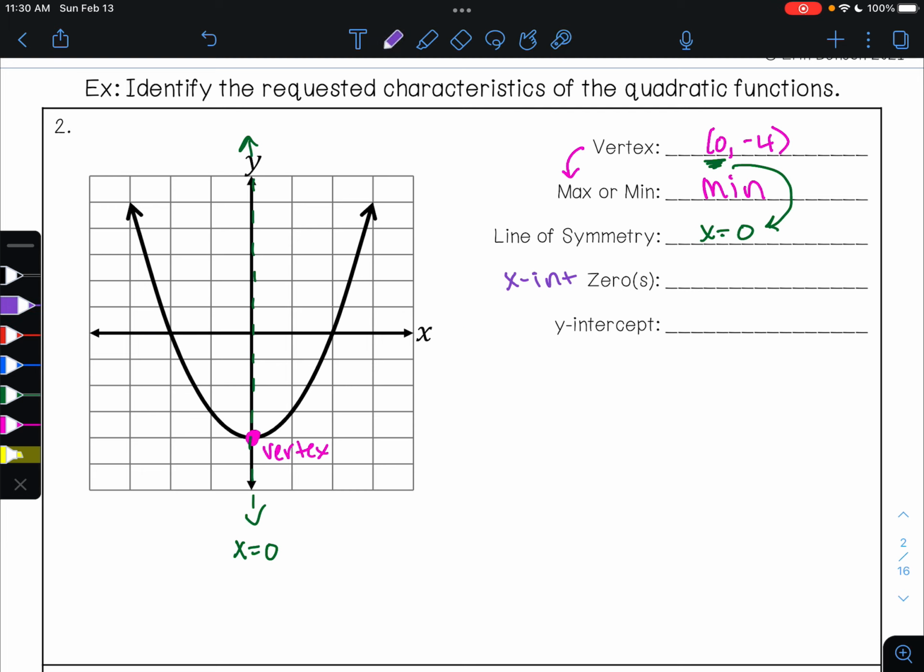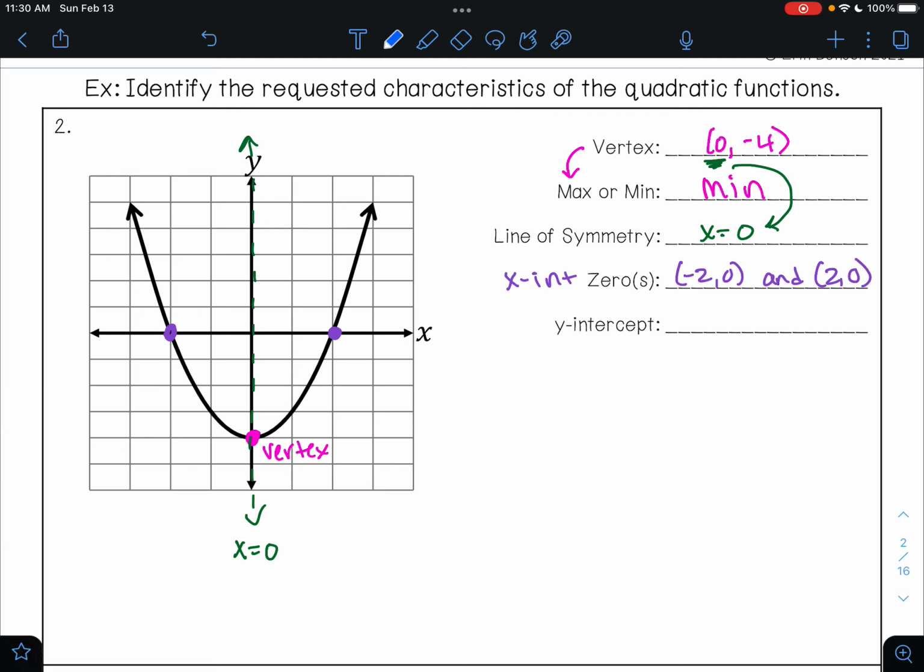So we have two x-intercepts, one right here at the point (-2, 0), and another one right here at the point (2, 0). Your y-intercept is where your graph crosses your y-axis. Well, that's happening at my vertex, and that's at the point (0, -4).